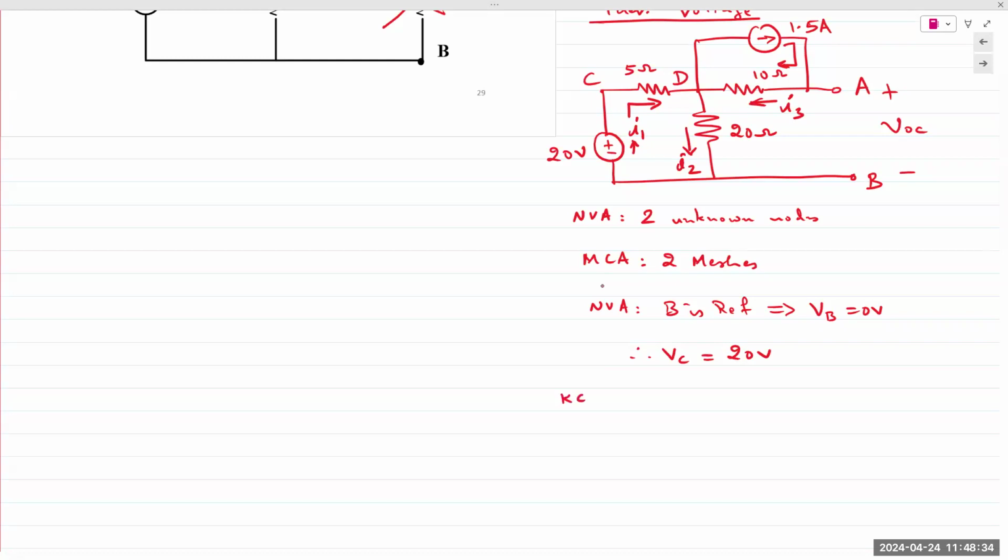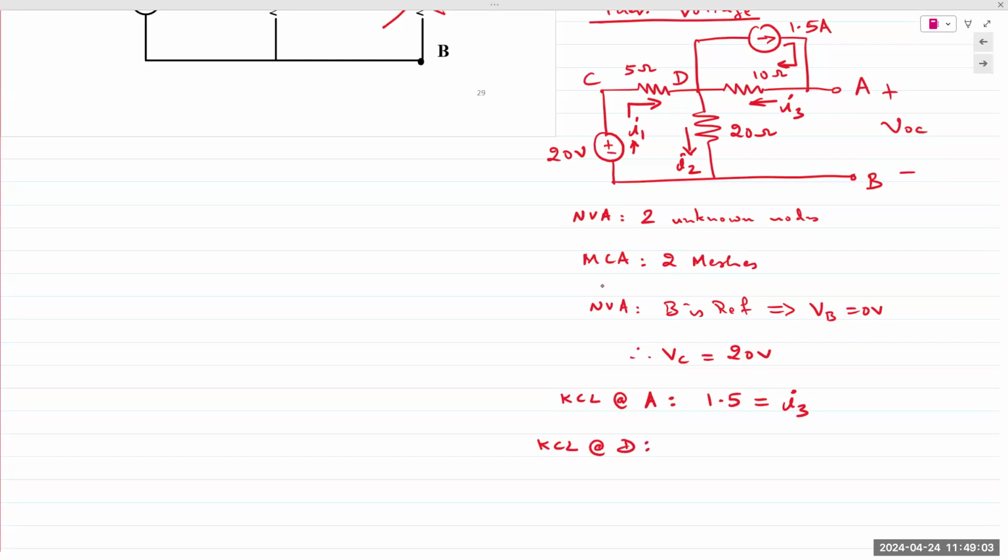So if I apply KCL at node A, what do I have? At node A, I have the 1.5 amp current source coming in, and I have I3 leaving. Automatically, I have a value for the resistor current for the 10 ohm resistor. I3 is 1.5 amps.